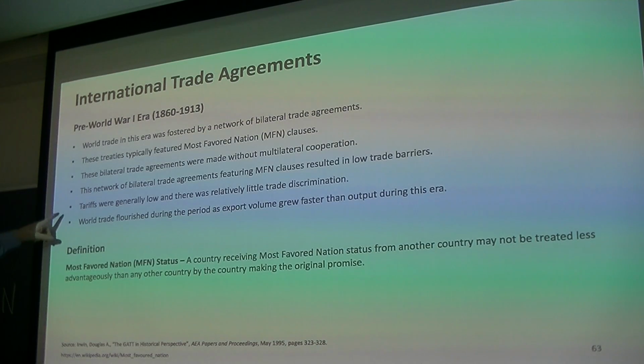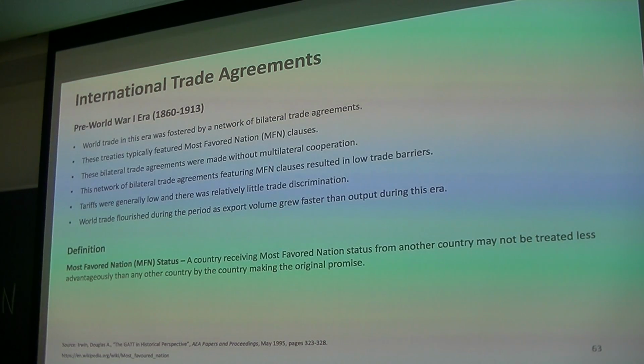So, tariffs were generally low, there was relatively little trade discrimination, and world trade flourished during the period as export volume grew faster than GDP. The percentage of global trade as a percentage of global GDP increased during this period.